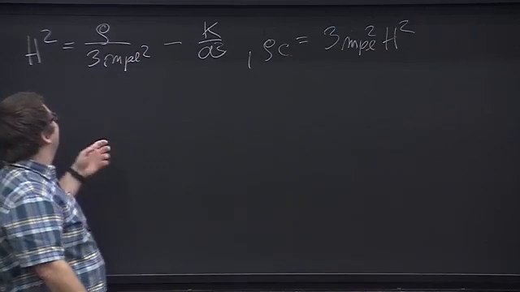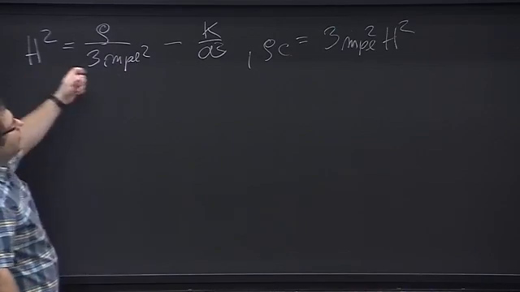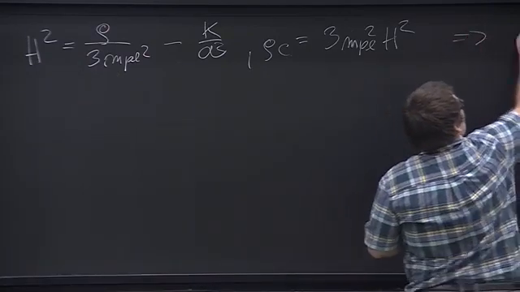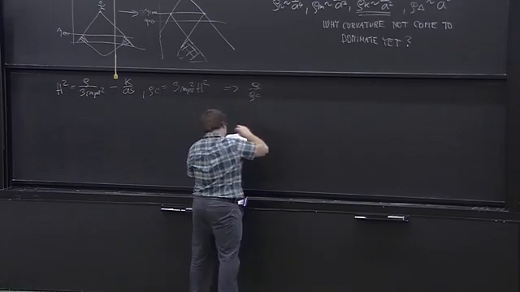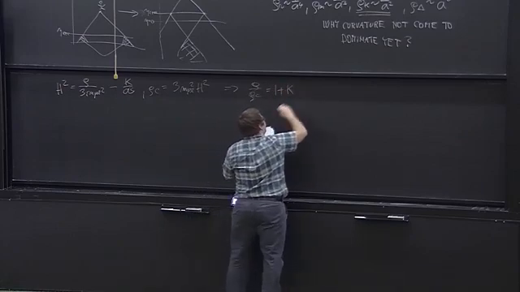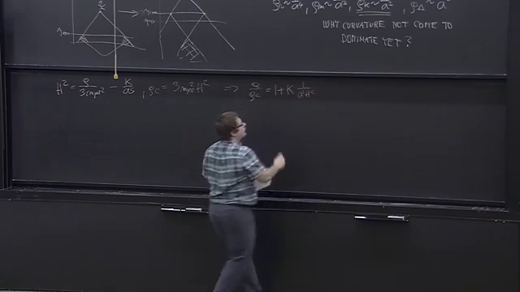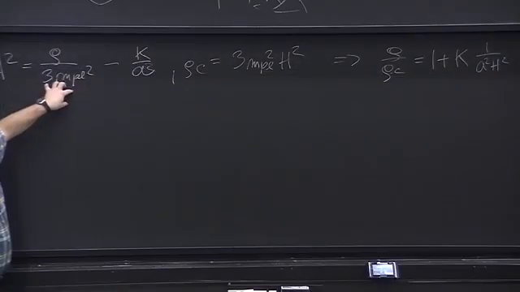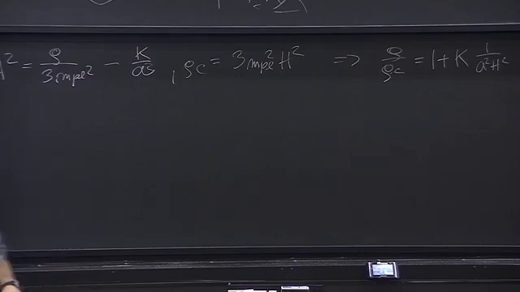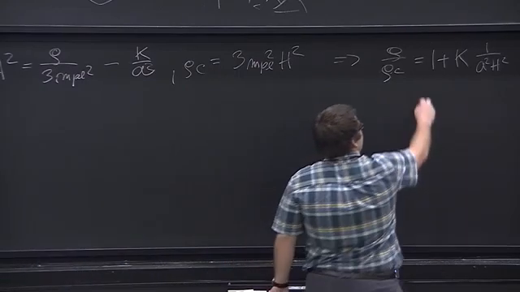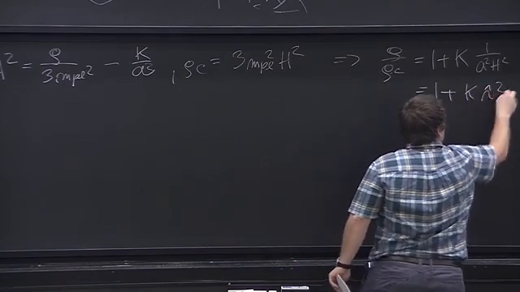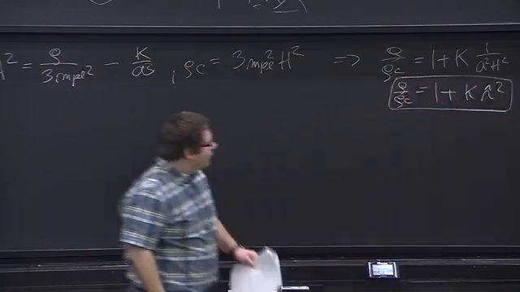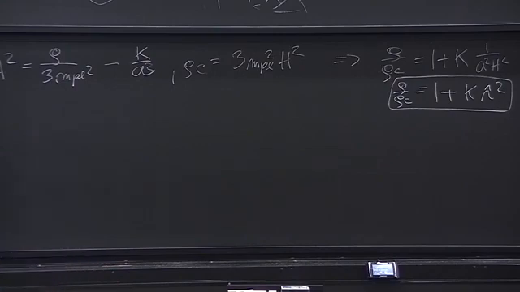Now if I write, instead of H squared, this rho critical over 3 M Planck squared, and divide through, then you get an equation that rho over rho critical equals 1 plus k over H squared a squared. Okay, so I just divide everything by H squared. I get 1 here, I get rho critical here, and I get this thing here. So now this is nothing else than 1 plus k r hat squared. Okay, so that's our favorite comoving Hubble radius there.